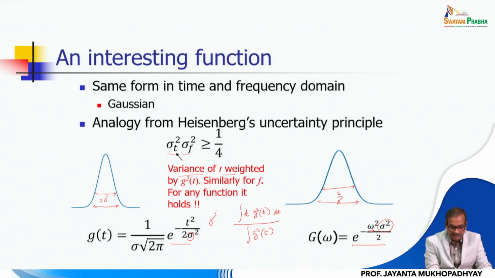So if I say sigma of the g function, its variance sigma square can be defined in this way. You can see that it is actually the definition of the variance of any variable, the variable t, about the weighted mean of the functional domain itself. Similarly, you also use that definition in the frequency domain. So this is the definition here.